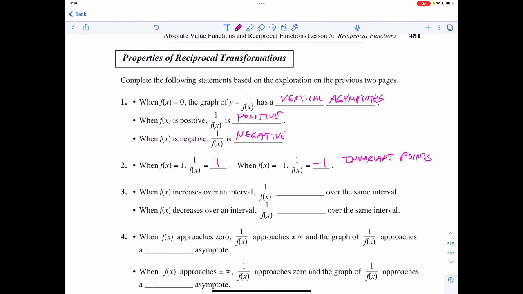When my original function increases over an interval, which is a fancy way of saying it gets bigger, then my reciprocal will decrease. When my original function decreases or gets smaller, my reciprocal increases.